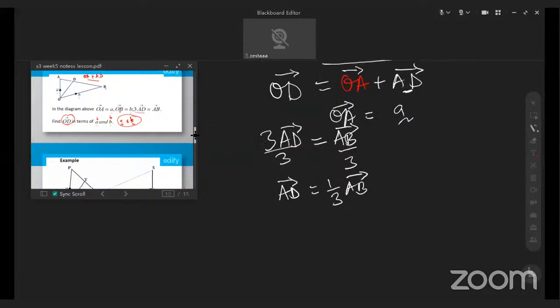Someone to tell us, how do you get AB? Remember we are finding everything in terms of vector A and vector B. That's what we are aiming at. So what is our AB? Blessing.